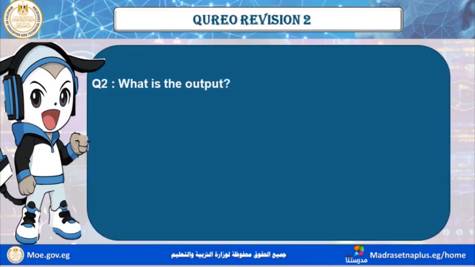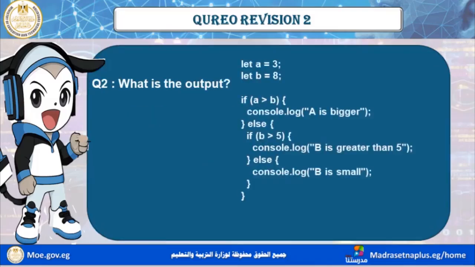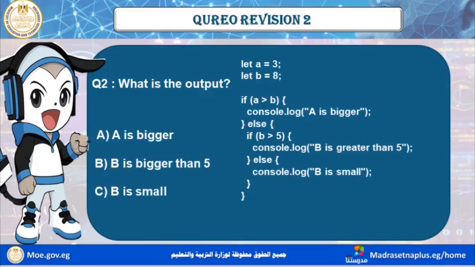Now, what is the output? We have a program here and we want to check the result. The options are: A is bigger, B is bigger than 5, and B is small. Let's check the program. We have A equal 3 and B equal 8. Let's check the first condition: is A greater than B? Of course not.